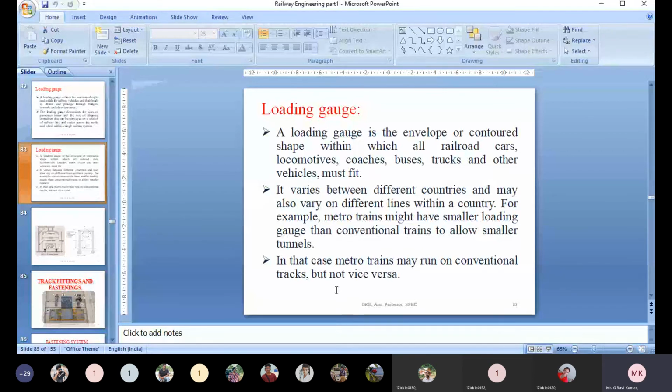For example, metro trains might have a smaller loading gauge than conventional trains to allow smaller tunnels, understand? So metro trains may run on conventional tracks, but not vice versa.